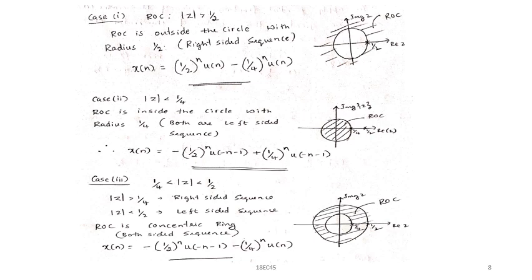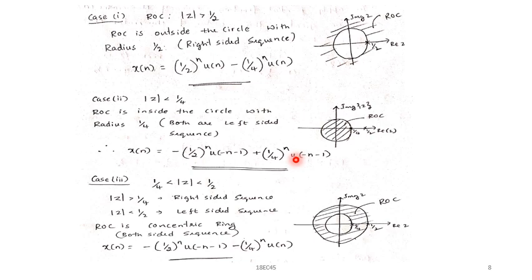Now if I take the inverse Z transform of the equation X of z, I will get x of n is equal to minus 1 by 2 to the power n U of minus n minus 1, it is minus a to the power n U of minus n minus 1, and here also minus into minus, it is plus 1 by 4 to the power n U of minus n minus 1.